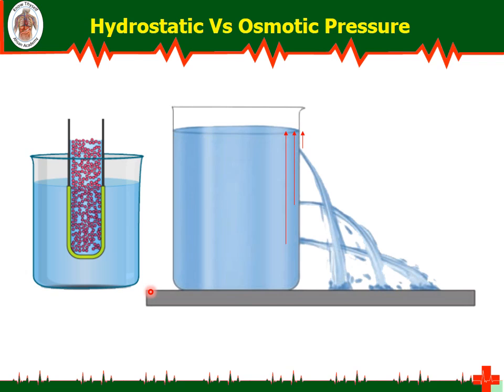Consider it in a different way: this is a water-containing bucket. Within this, a container is there, full of some molecules or larger particles that have osmotic capability. If the wall of the container is permeable, then water will enter into this vessel because of the sucking pressure created by these particles.